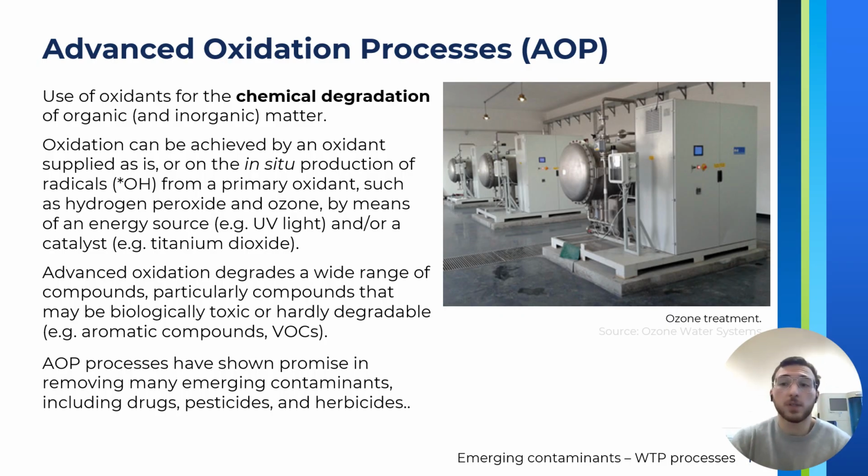Oxidation can be achieved by an oxidant supplied as is, or on the in situ or local formation of radicals from a primary oxidant, given an energy source and with or without the aid of a catalyst.